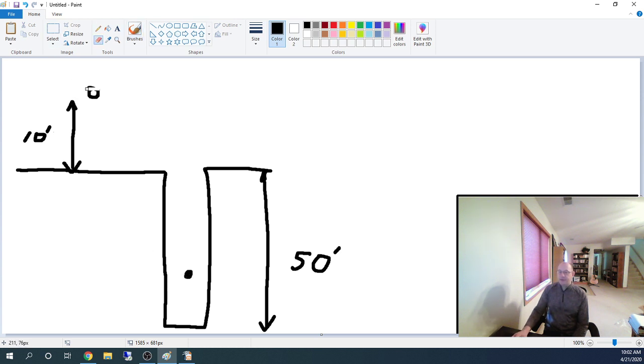If that's 50 feet, then 10 feet is probably something like here-ish. So let's say I put the ball here. That's 10 feet above the ground.